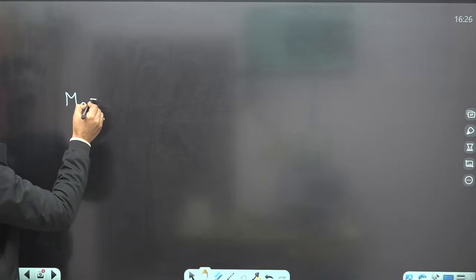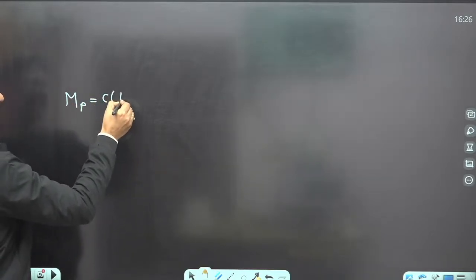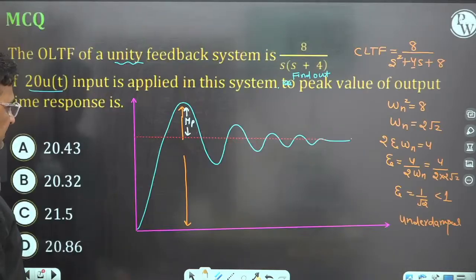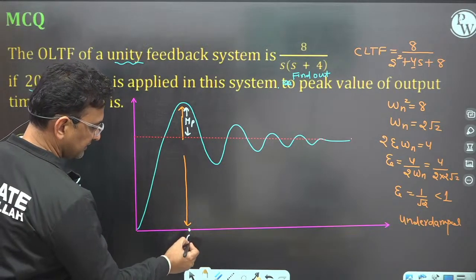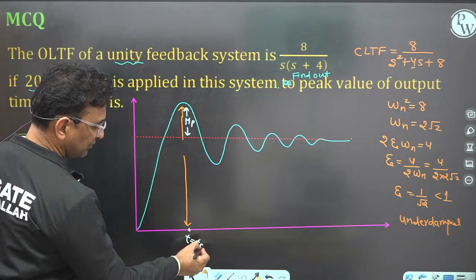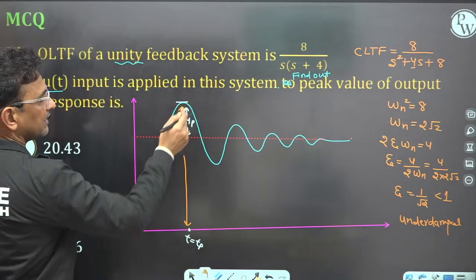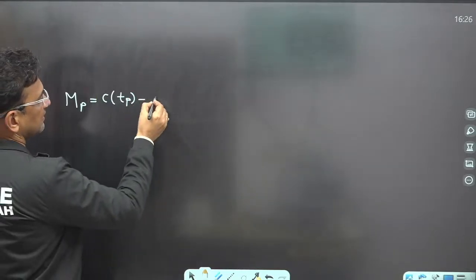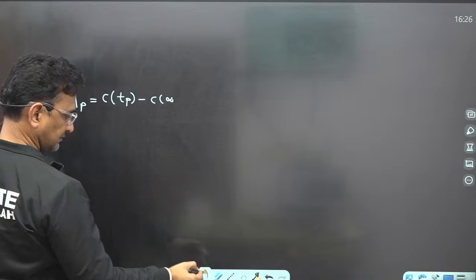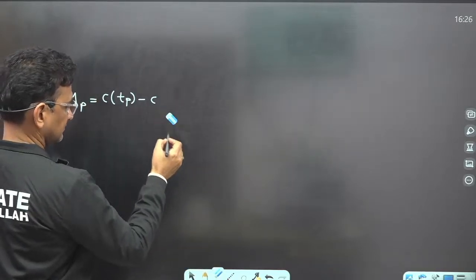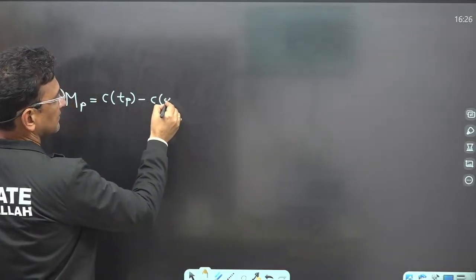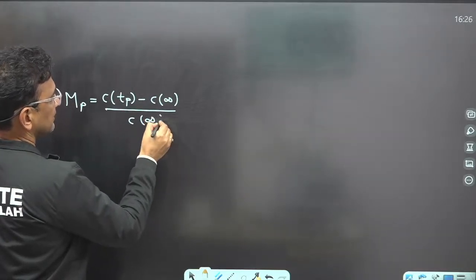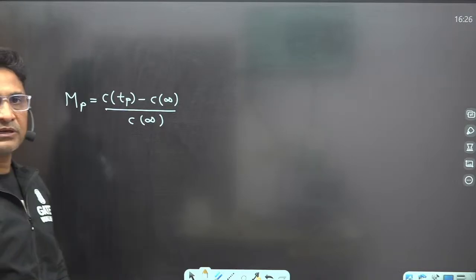Now tell me, what is the definition of peak overshoot? It is the maximum output, that is, at t equivalent to TP, the peak time, the output during peak time, minus the steady state output. We always find the peak overshoot in terms of PU or percentage.